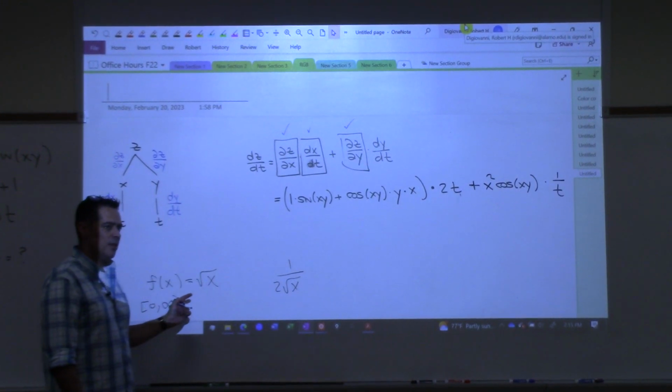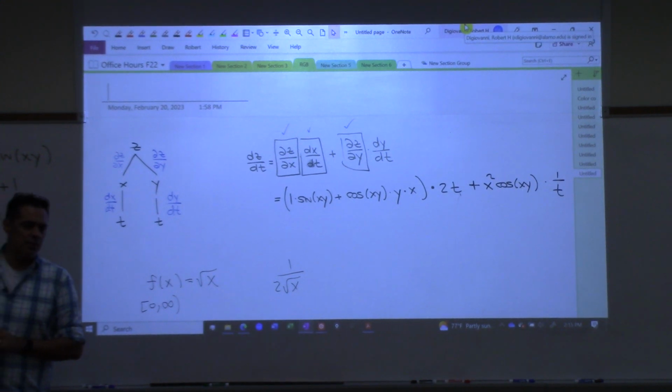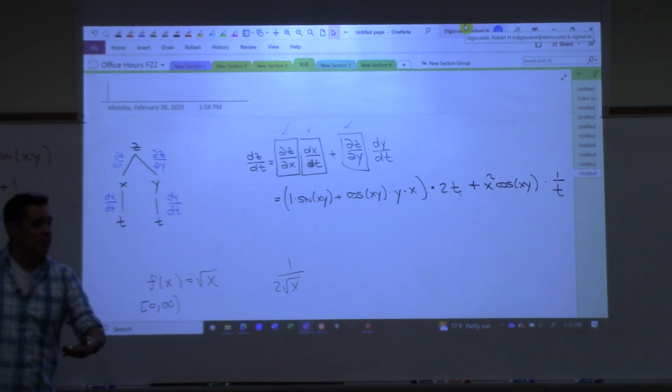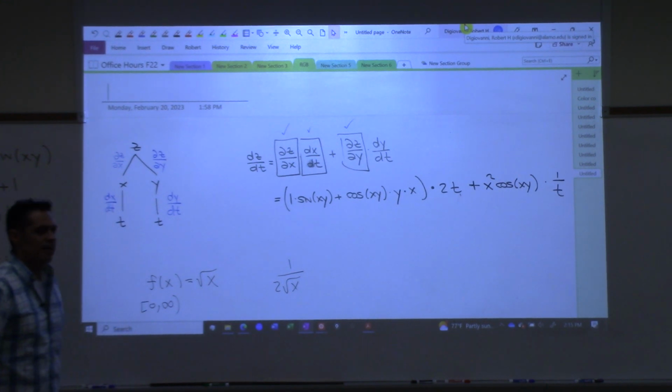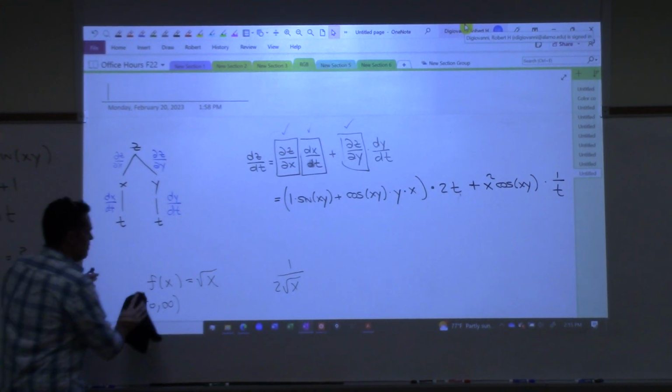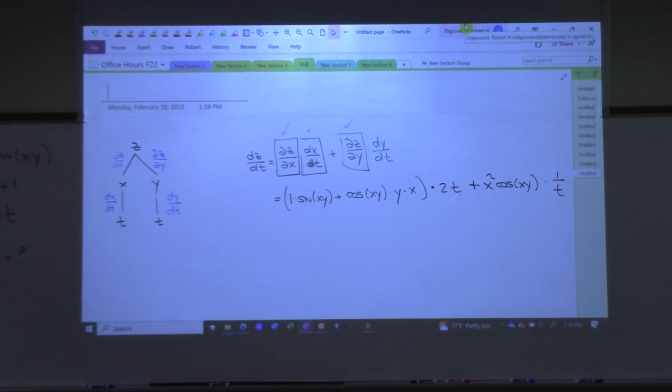So your derivative will always inherit the domain of the original function, but it could become more restrictive. Also like the absolute value of x, at 0. So the domain of your derivative will always be some sort of subset of the original.